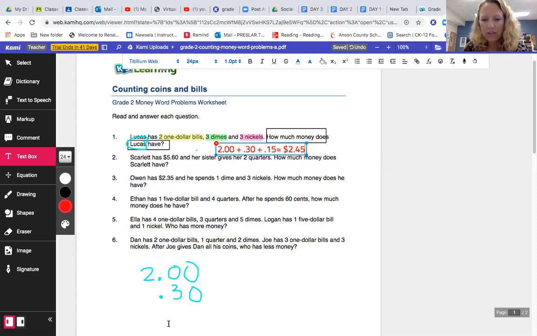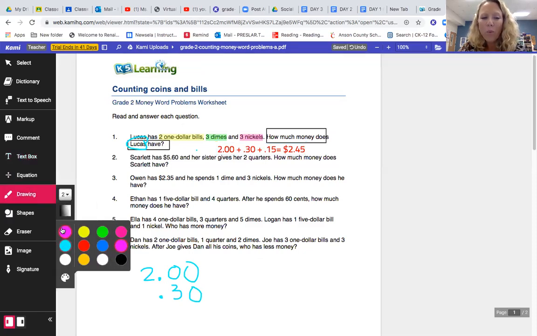Now, in any situation, I would prefer that you show your work. I do understand that given our circumstances and using these writing tools within Kami, it might be a little difficult, but I am going to want you to show your work. So I'm going to come back down here, and you might need to maybe use all of your white space here.